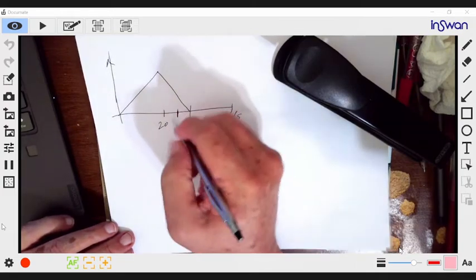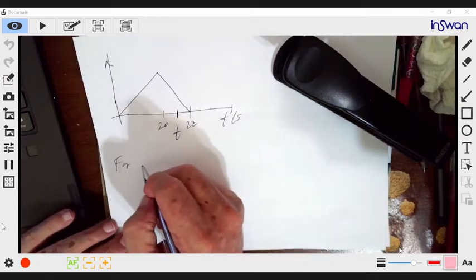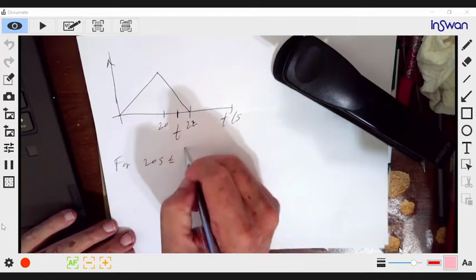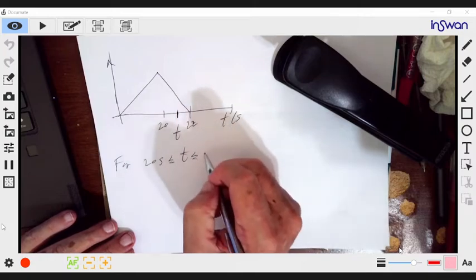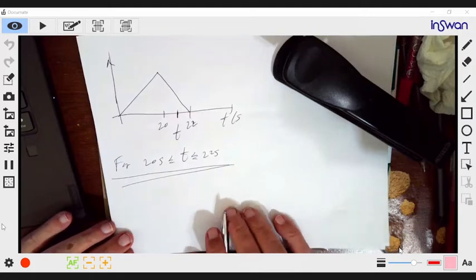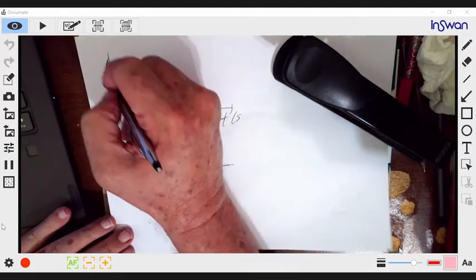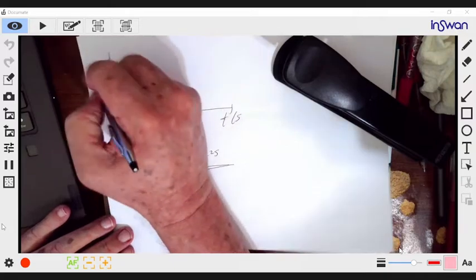Now here's my T. There's my T. So now this is for 20 seconds less than T less than 22 seconds. This is the time period we're talking about. All right, so we're here. So again, give me the equation for the voltage.